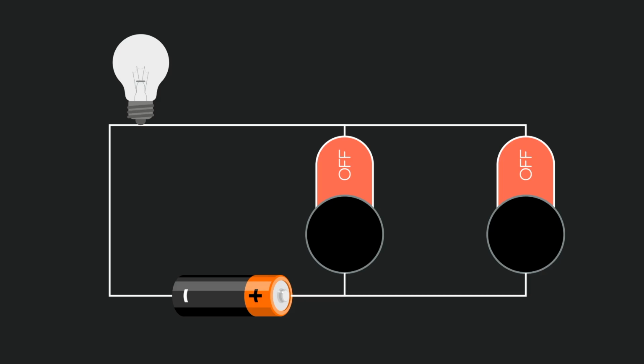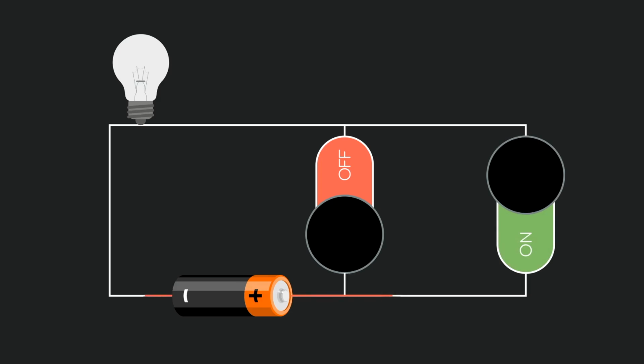Alternatively, the switches could be connected in a parallel fashion, meaning that the output of switch 1 and switch 2 both connect directly to the light. In this case, simply turning on one of the two switches does create an electrical connection, and is able to turn on the light bulb.